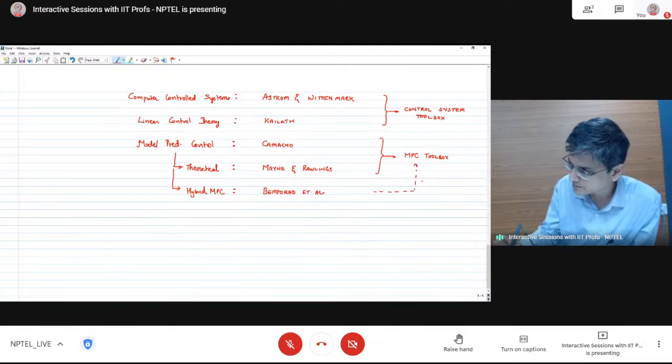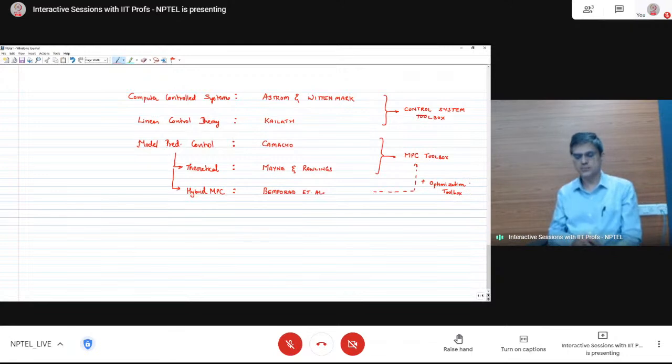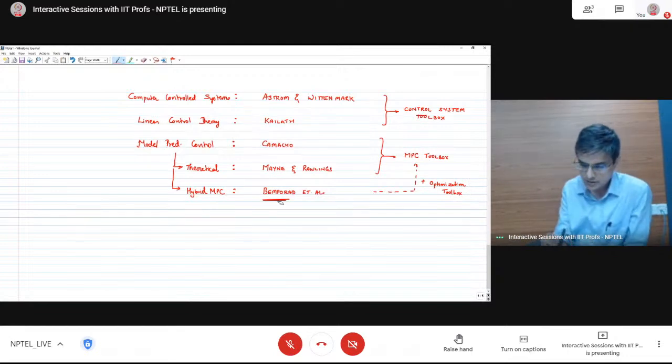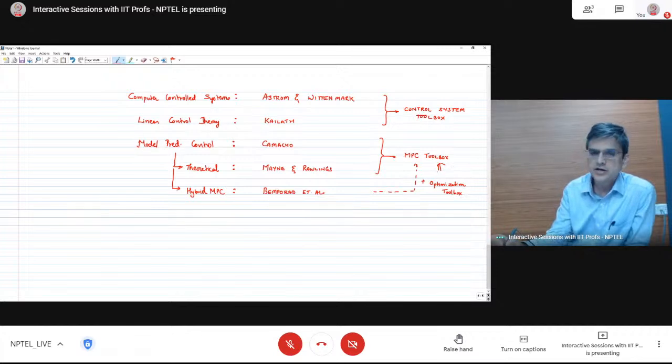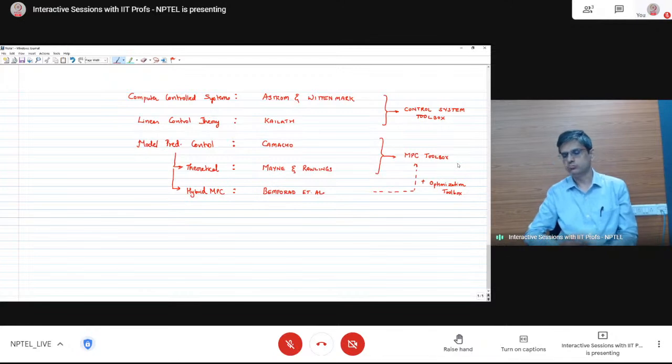This is also covered in MPC Toolbox as well as Optimization Toolbox. Alberto Bemporad is the author or one of the authors of MPC Toolbox. Okay, so his material would also be useful.